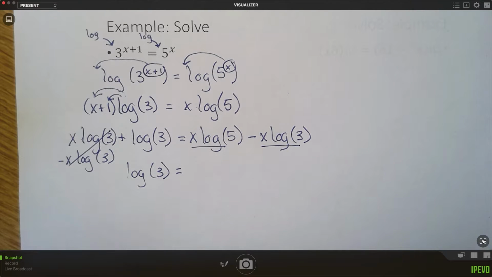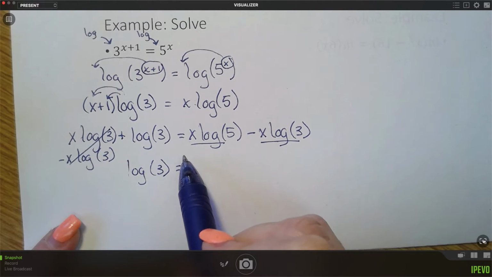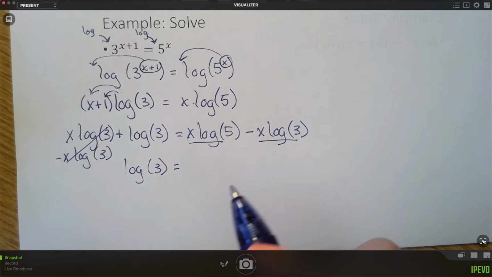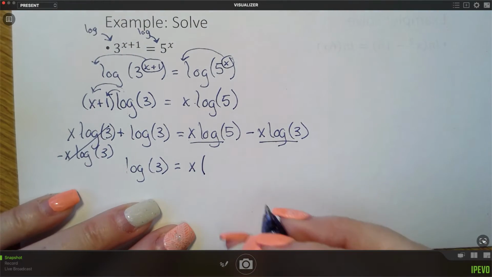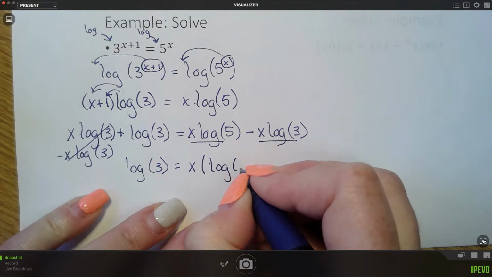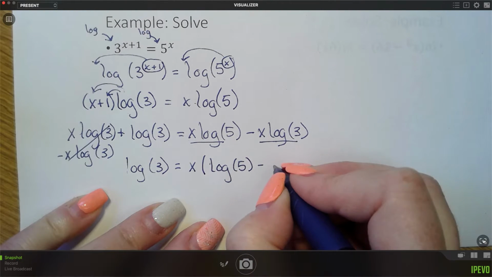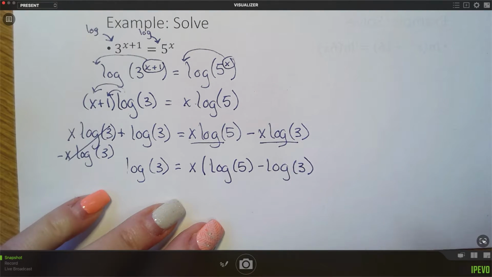Yeah. I distributed this in, didn't I? So can I factor out the x? And then I would go from 2 x's to just what? 1. And then I can solve for it, can't I? So I have x times the quantity log of 5 minus log of 3.